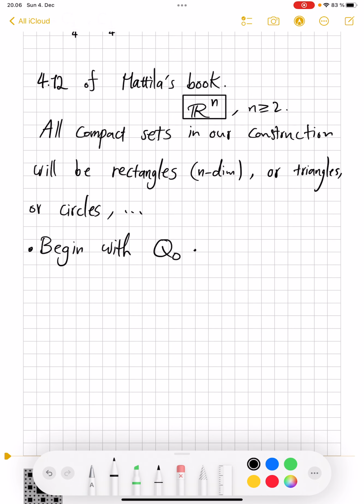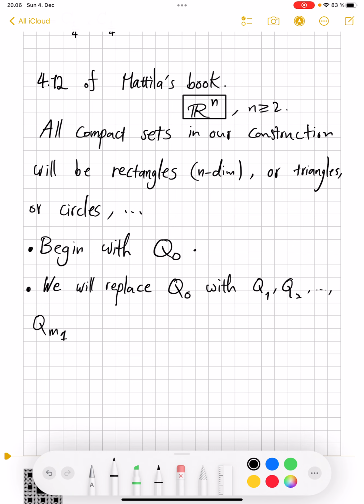In the next step, we will replace. Remember that we throw away part of the sets in construction of Cantor sets and we preserve certain parts of it. So we will replace Q0 with some of its subsets, Q1, Q2, up to a finite number QM1.